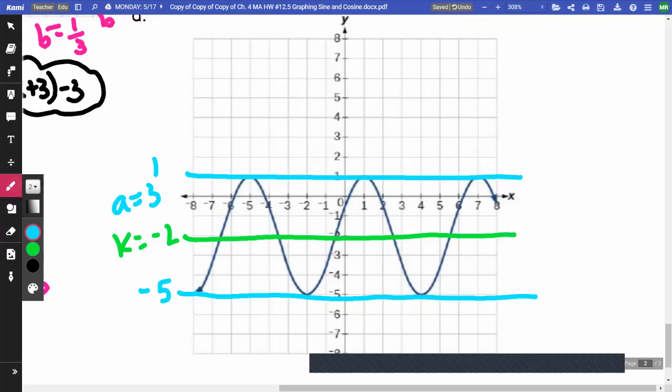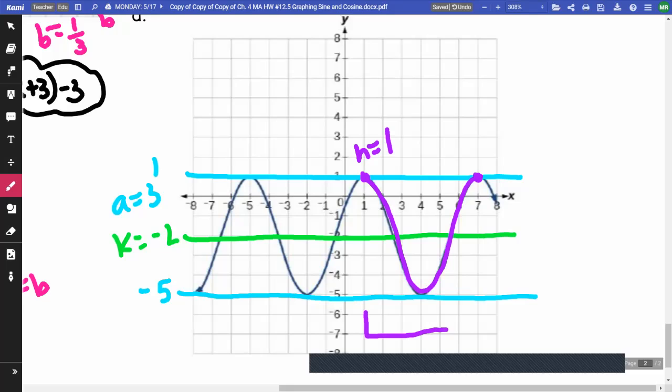Let's switch it up again. Let's say I start over here at 1, and let's say I have it as a cosine. That means my H is going to be 1. My period, going from 1 to 7, is going to be 6.